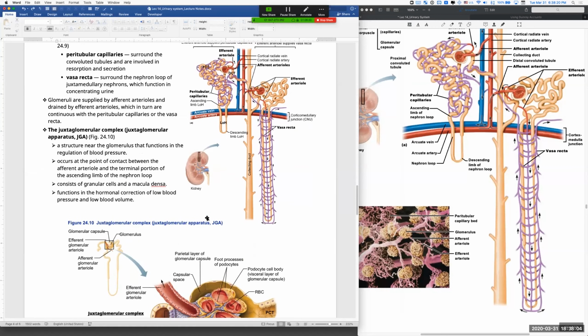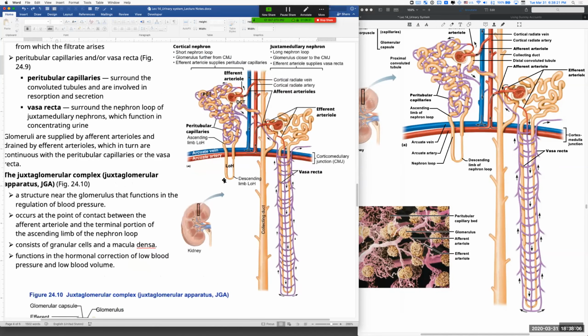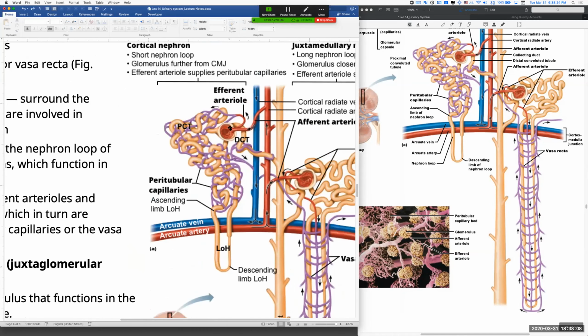So if you look at each of these nephron pictures closely, you'll see this is the proximal convoluted tubule. And then after the loop of Henle, it leads into the distal convoluted tubule. This distal convoluted tubule eventually makes it near this renal corpuscle and makes contact with it.